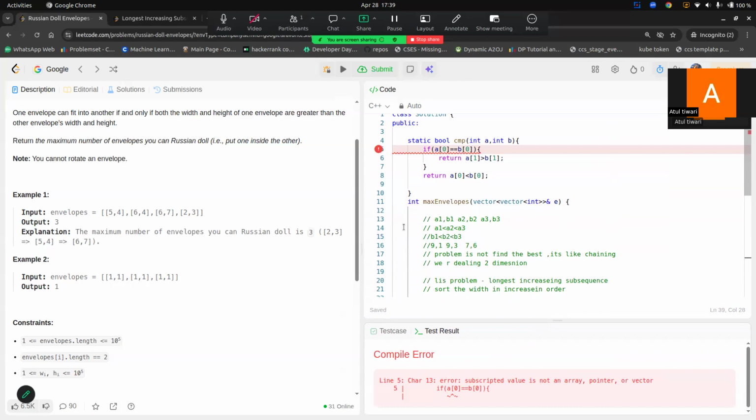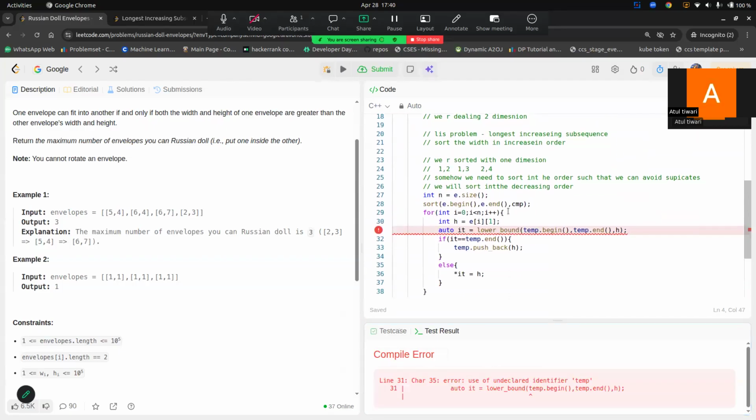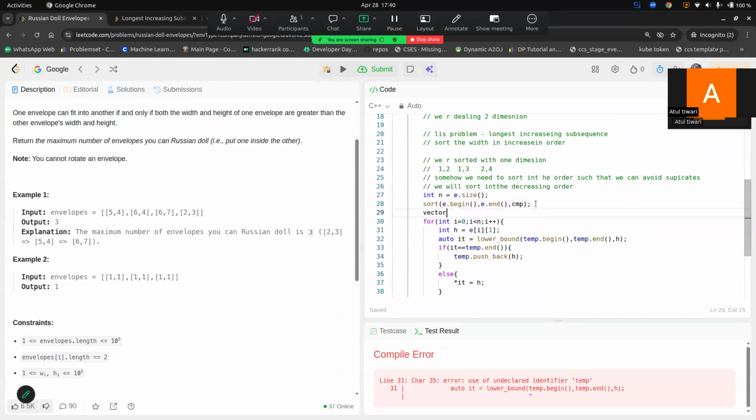So what we can do here is take a vector of vector int, with a and b, and we define it, and we make a vector of m.